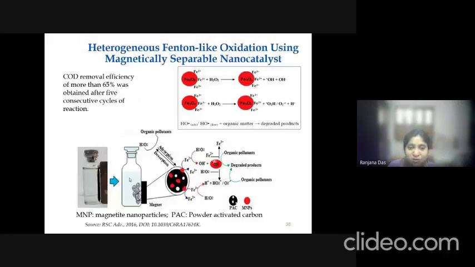This schematic is also showing that these iron-based magnetic nanomaterials are not only for adsorption or for reduction purposes, that is, for the conversion of toxic metal ions to the non-toxic form. Not only that, but they can also be used for photo-Fenton-like oxidation reactions.